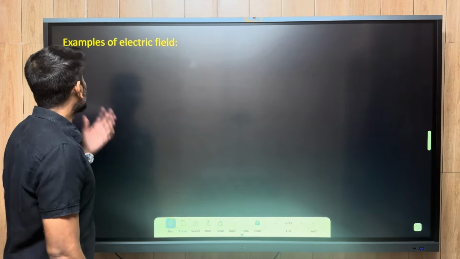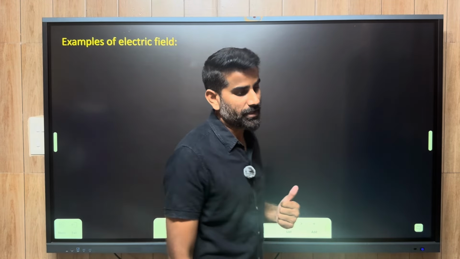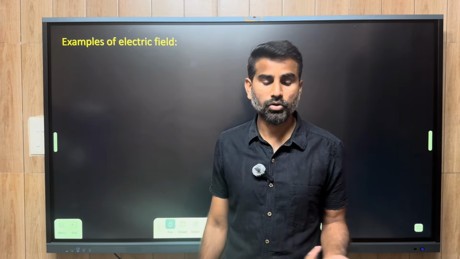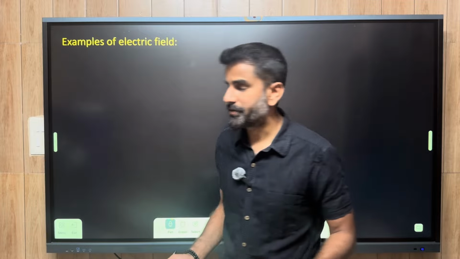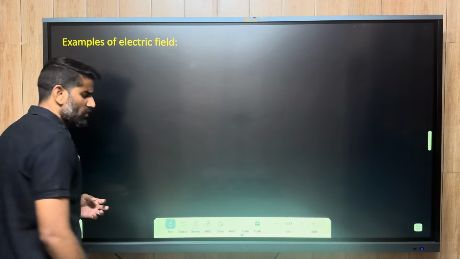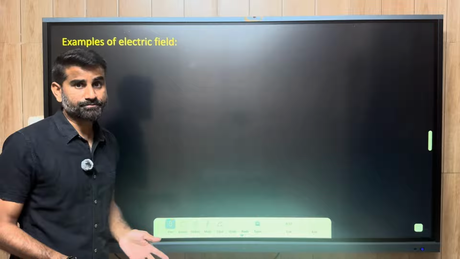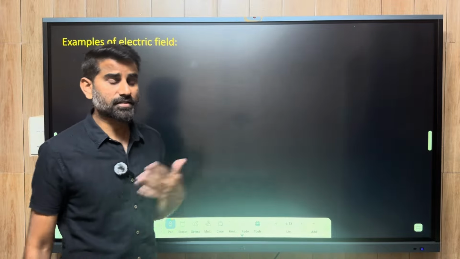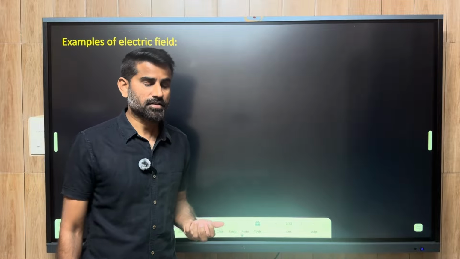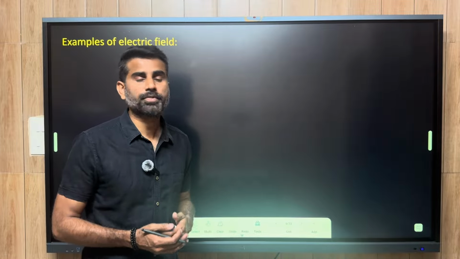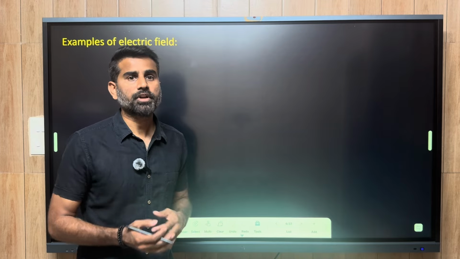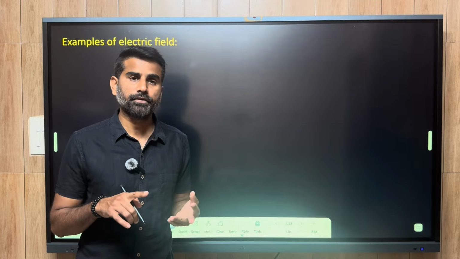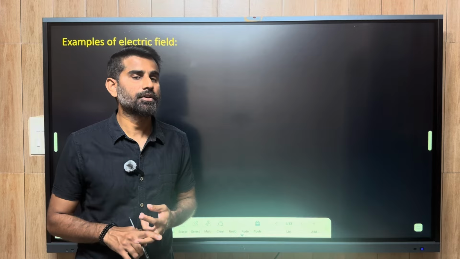Okay, right. Let's look at some examples of electric field. I'll start with a basic example and then go to the complicated examples as well. Now we are going to use the formulas that we have learned so far. In the later lectures, we will also obtain the expression for the electric field for different cases, like electric field due to a rod, a ring, and a disc.